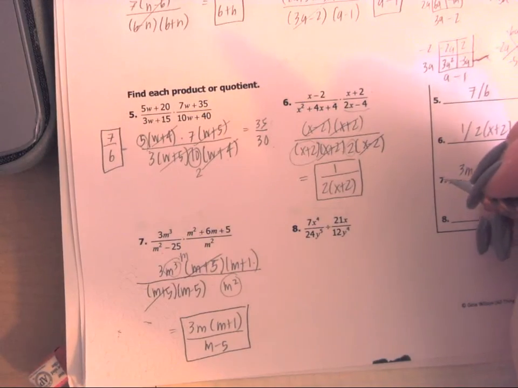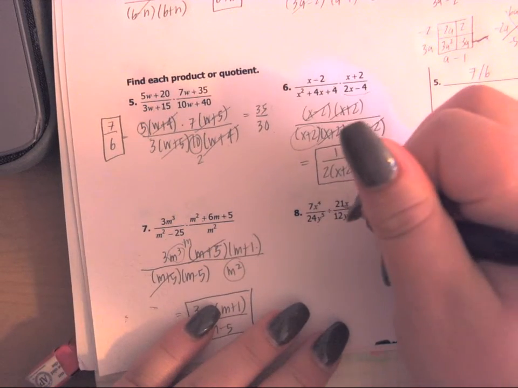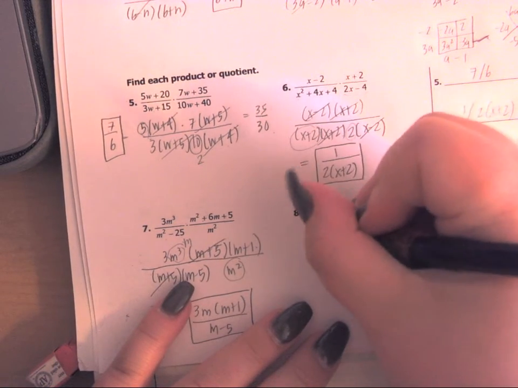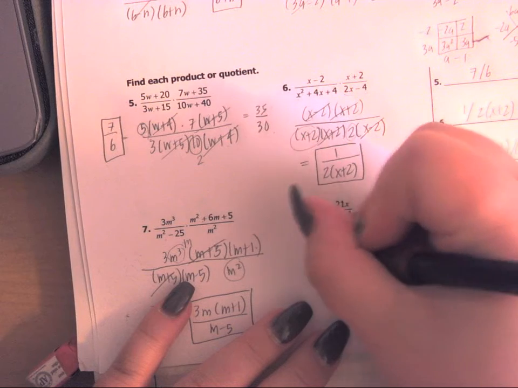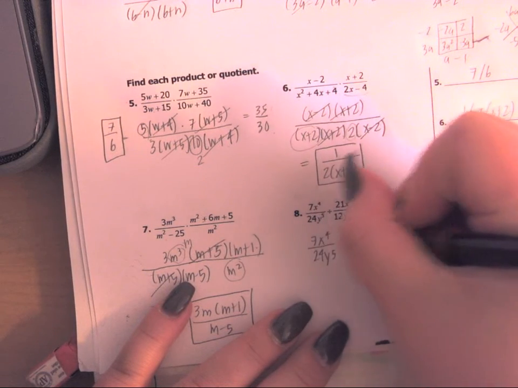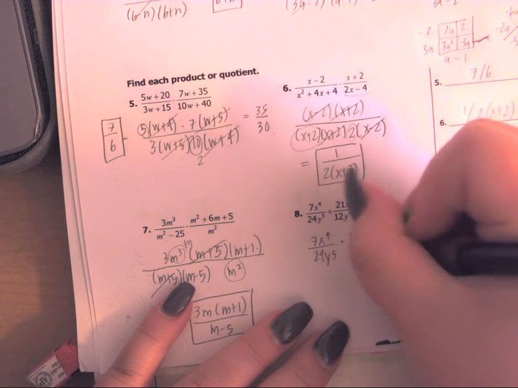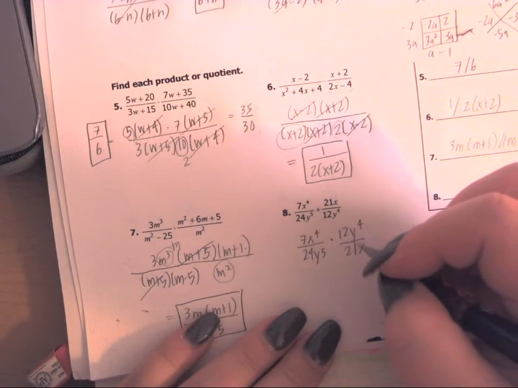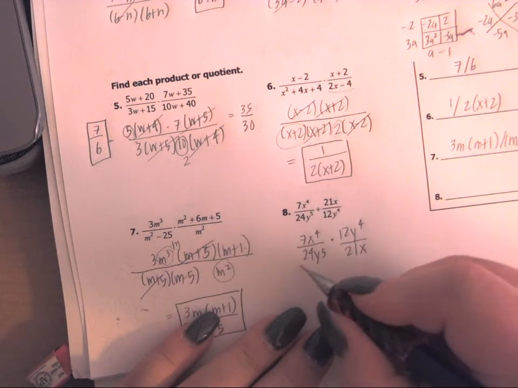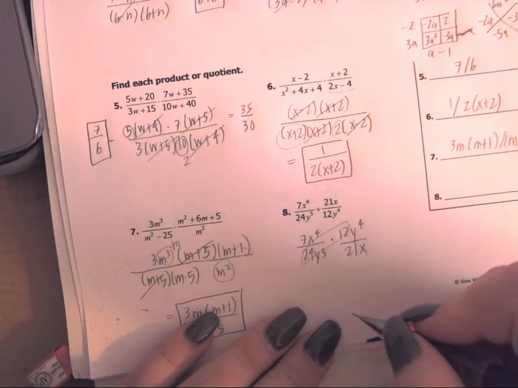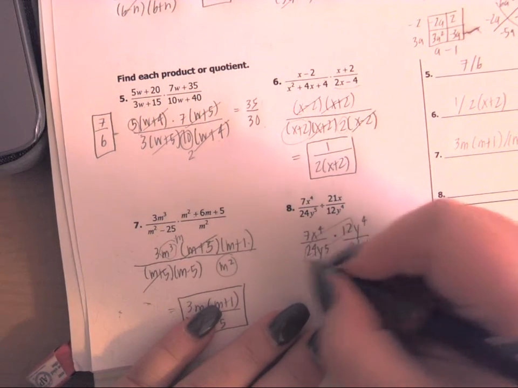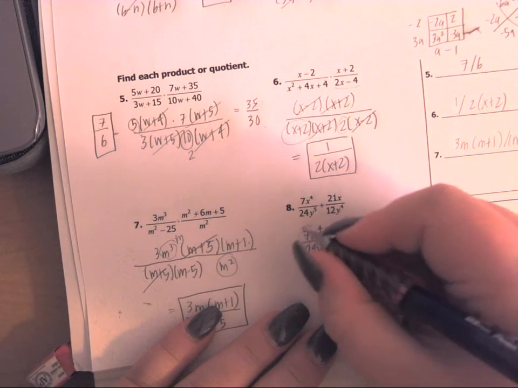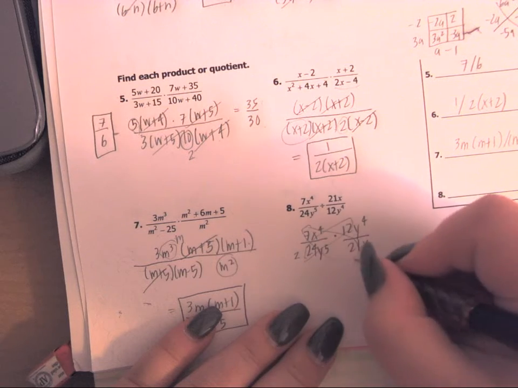Okay, this one's division, so you want to flip then multiply, so times 12y to the 4th over 21x. And then again, it helps to reduce first. So like this, the 12 over 24, that becomes 2. And then the 7 over 21, that becomes 3.